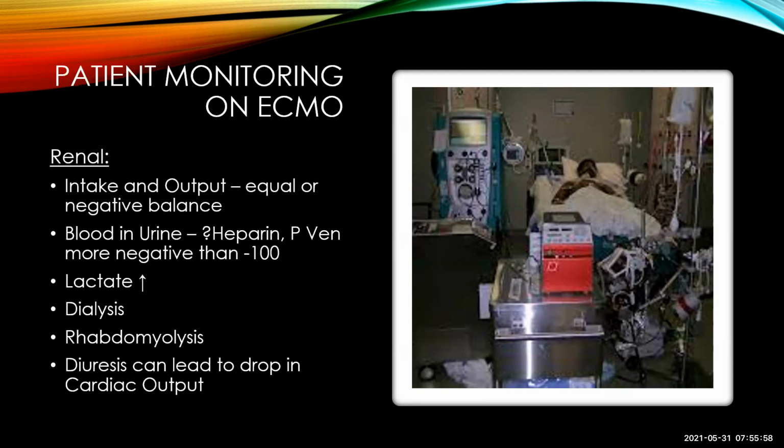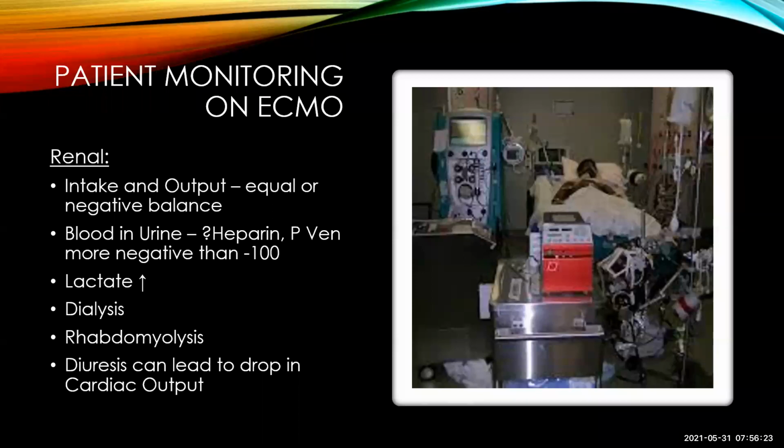And if your lactate is high, please opt for dialysis, because these patients lie still and they've got a lot of muscle breakdown, and they can go into rhabdomyolysis, and that causes acute tubular necrosis. And we need to get rid of these muscle cells that are blocking the tubuli in the renal area.